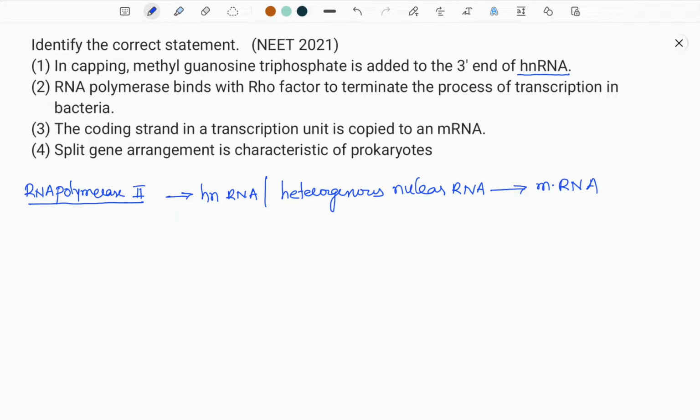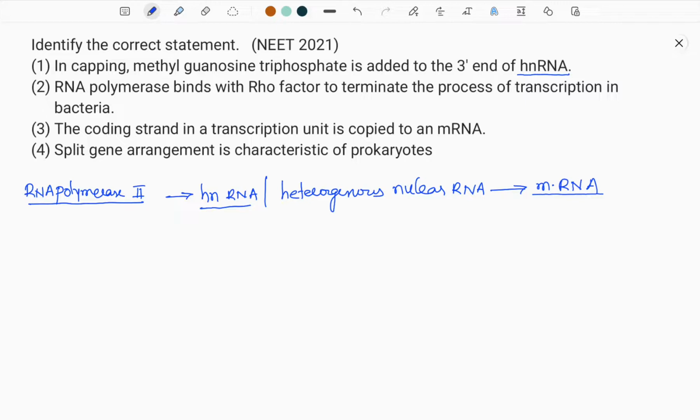RNA polymerase 2 will give rise to the mRNA, first hnRNA. hnRNA undergoes certain modifications and that converts into the mRNA. RNA polymerase 3 gives rise to tRNA, or transfer RNA, 5S rRNA, and snRNA, that is small nuclear RNA.